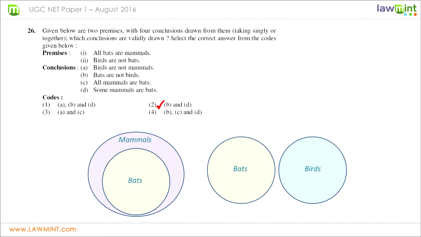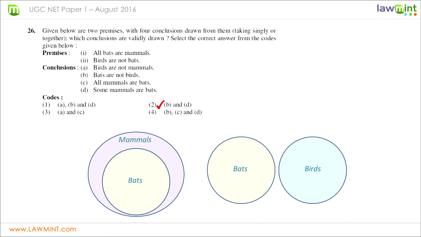Now if we evaluate all the 4 conclusions, we see that only conclusions B and D can be validly drawn, because the first one says bats are not birds. If the premise is that birds are not bats, then the converse, that bats are not birds, must also be true.